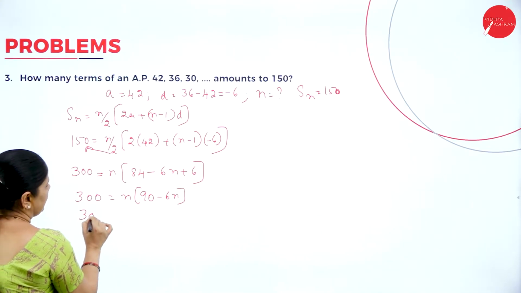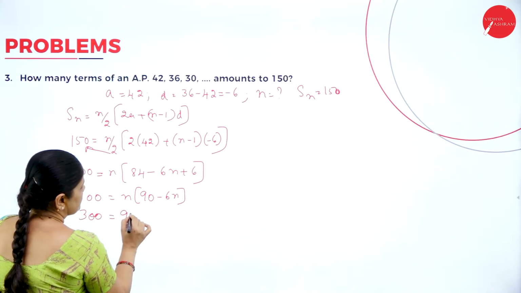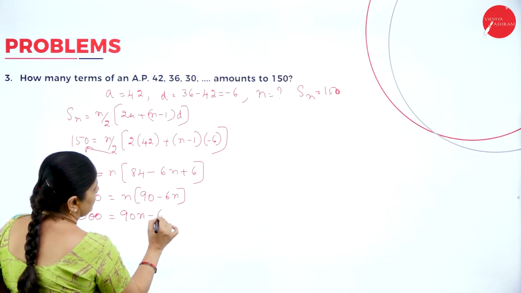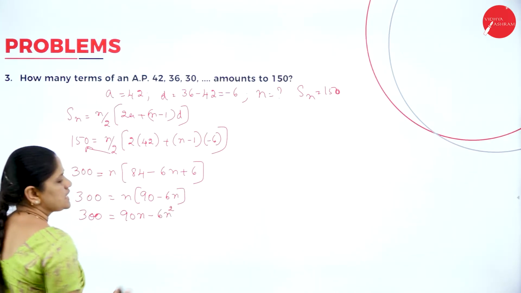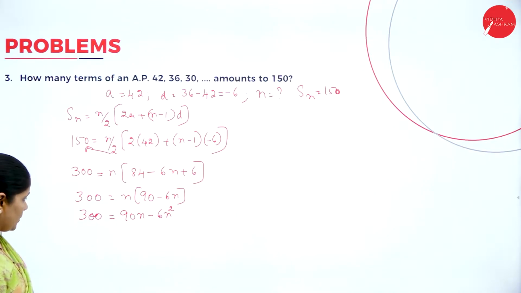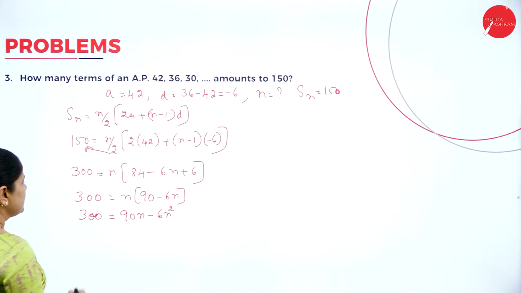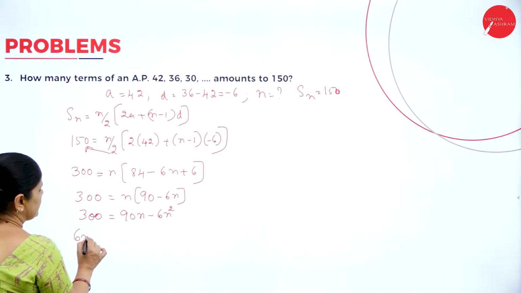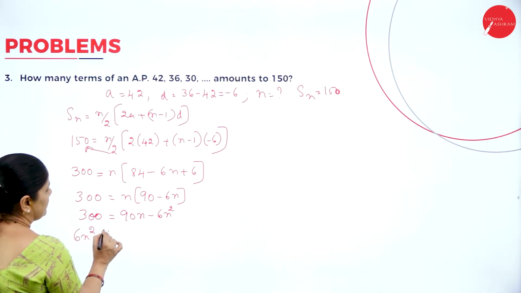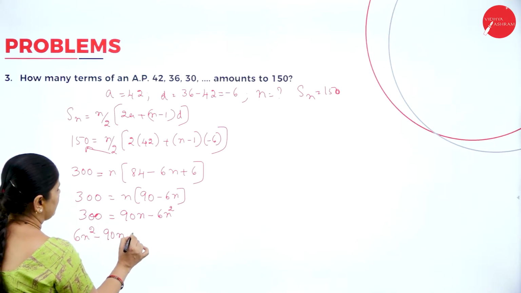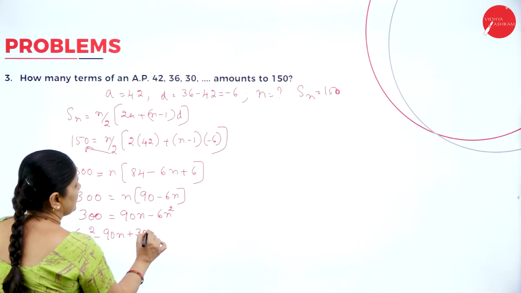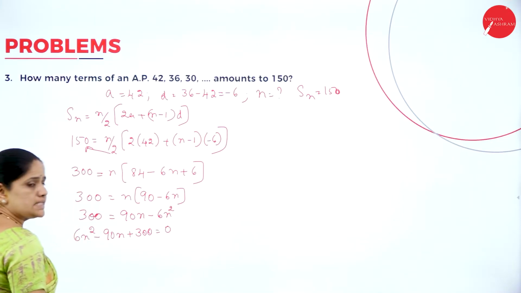So 300 equals 90n minus 6n square. Now I am bringing the whole equation to the left hand side. So it becomes 6n square minus 90n plus 300 equals 0.